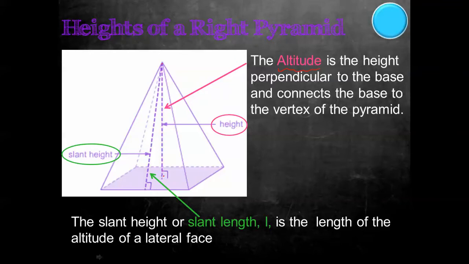The slant height, or the slant length, L, is the length of the altitude of a lateral face. So the slant height goes along the face of the pyramid, and the altitude comes straight down from the top of the vertex.